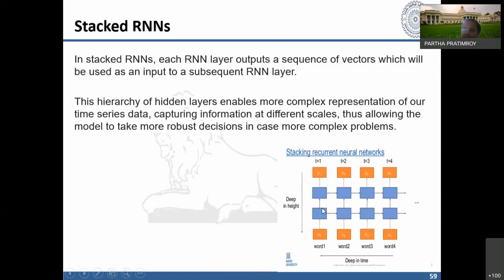So each RNN gives you an output, and these outputs are considered as input to another RNN. This hierarchy of hidden layers enables more complex representation of our time series data, capturing information at different scales, thus allowing the model to make more robust decisions in case of more complex problems.